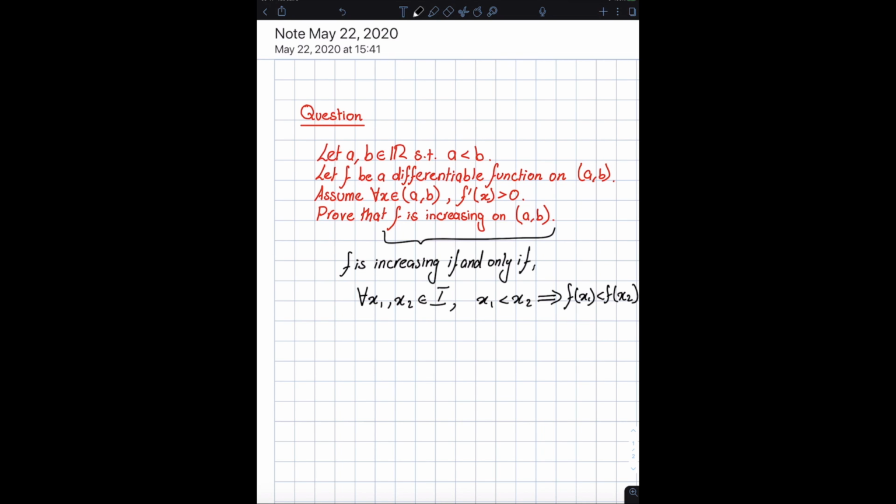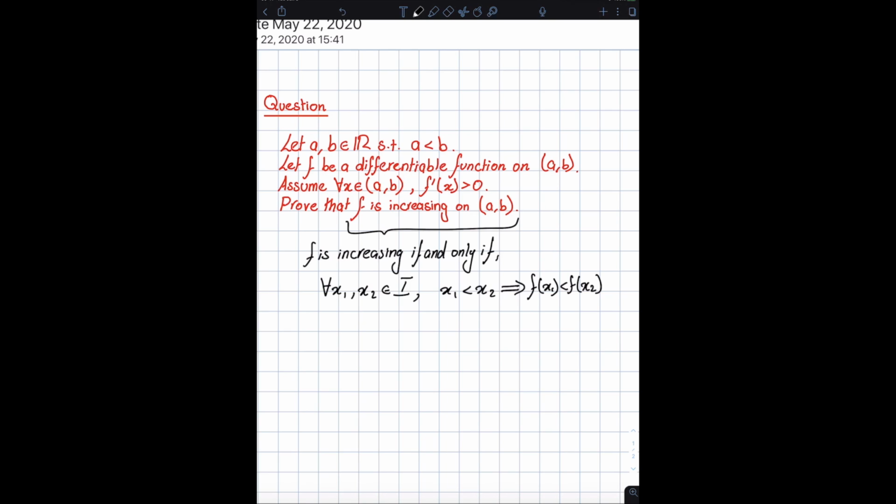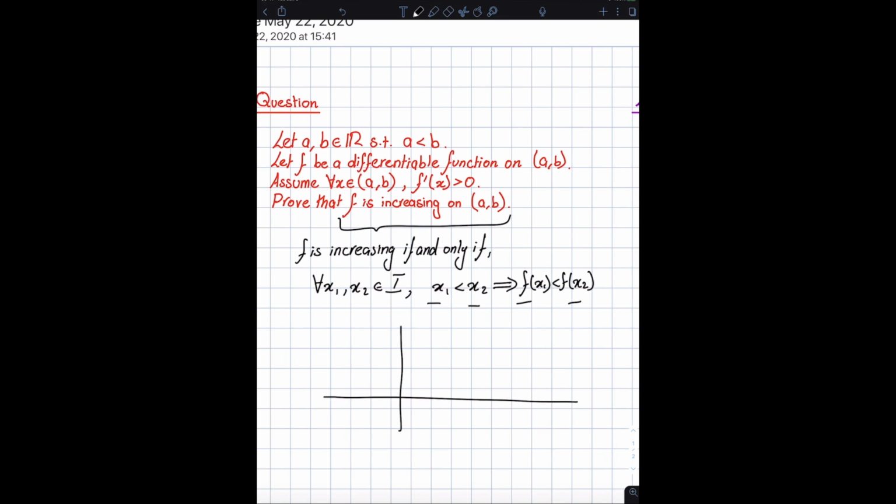And this makes sense because what it's saying is that if you pick any 2 points in the domain of f, then if one of those points is less than the other point, then the value of the function at one of those points is less than the value of the function at the other point. So I mean, this would look something like this. Let's say that the domain of f is 0 to infinity, and then for example this function would satisfy it because no matter what 2 points I pick, I can pick this point x1, I can label this x2, then the value of the function at x1 is going to be less than the value of the function at x2.